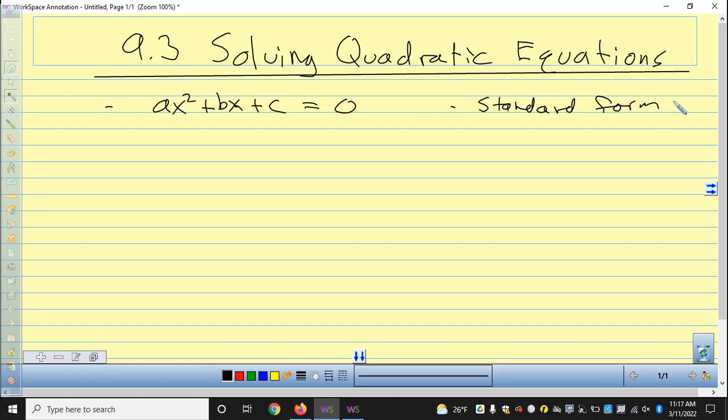What we're interested in today is, when we have this equation, we want to find x. When we solve this equation, we can have 1, 2, or no solution for a quadratic equation.